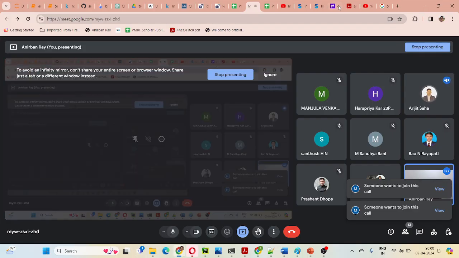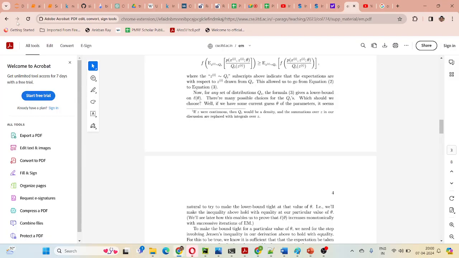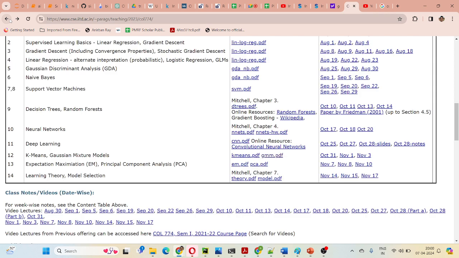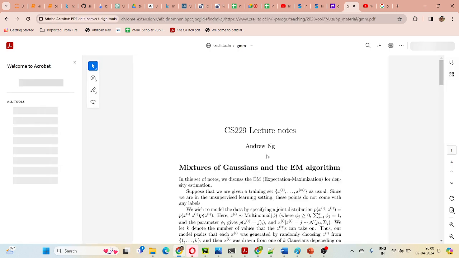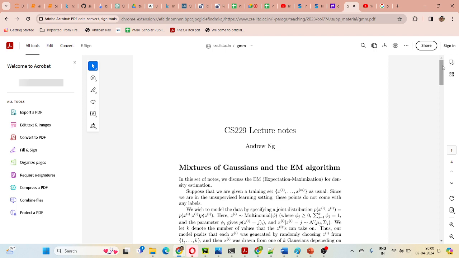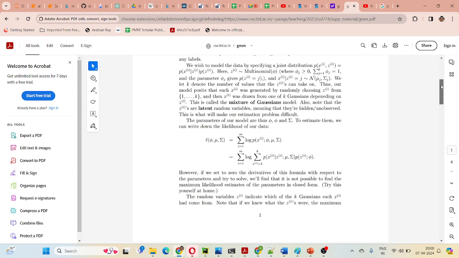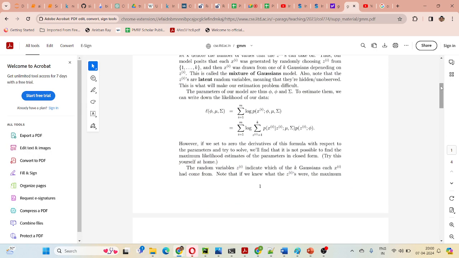For the first statement, if it is in a Gaussian mixture then it will be okay. But for expectation maximization, there is no consideration of a mixture of Gaussians. As you see here, they divide it like this and say it will sum up to 1.